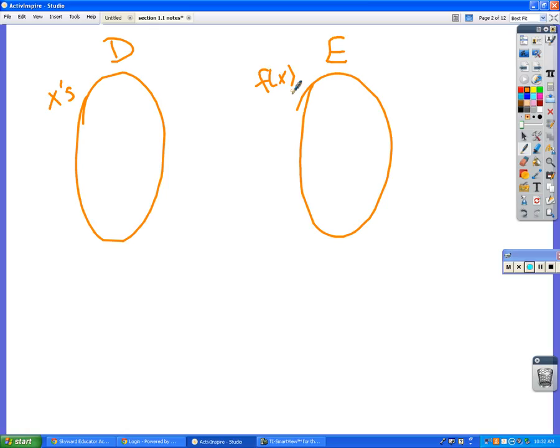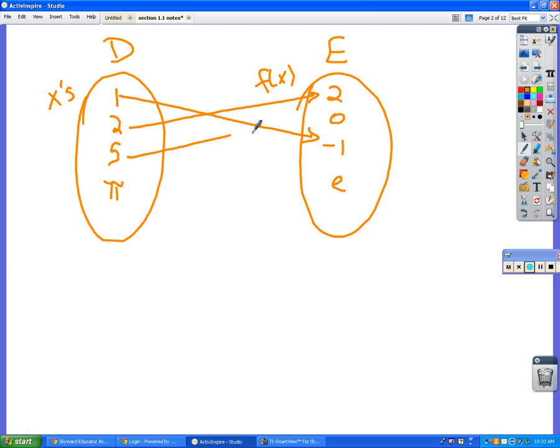And so you've seen this probably before. For this to be a function, if you have some elements in here and some elements in here, then what they're saying is each of these gets assigned exactly one thing over here. Okay? Now here's the fun part.